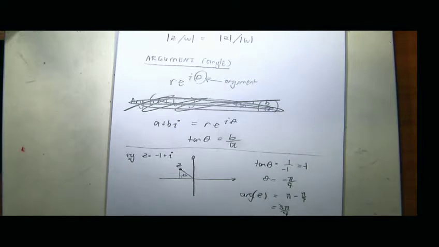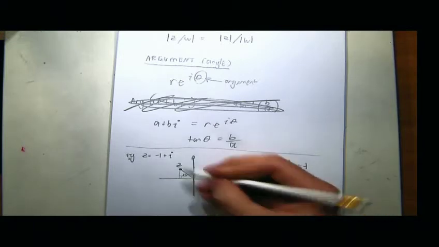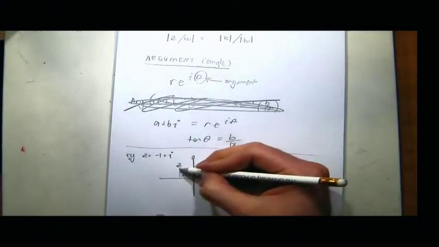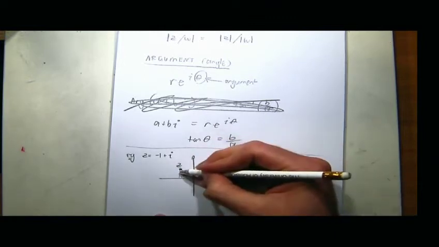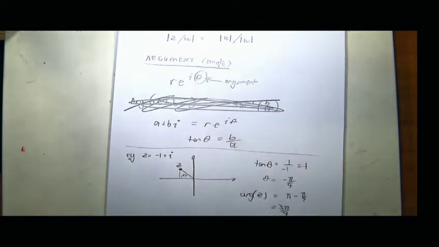Okay? But any multiple of 2 pi from there will produce the same complex number, because I could go round like this, round another 2 pi and get to the same spot, and round another 2 pi and get to the same spot, and back 5 2 pi's and get to the same spot. So there are any number of possible solutions to what angle produces that complex number. The length is root 2, but the angle changes.